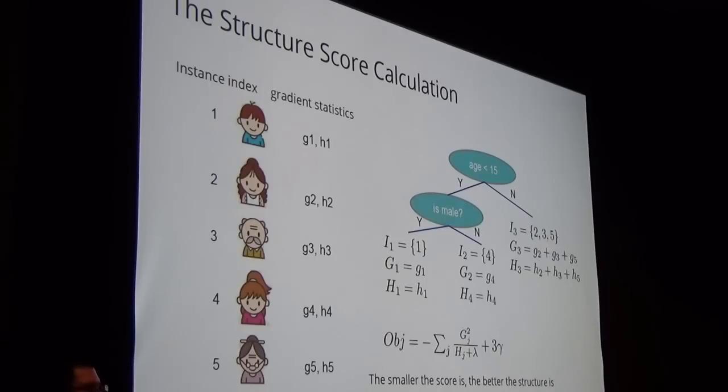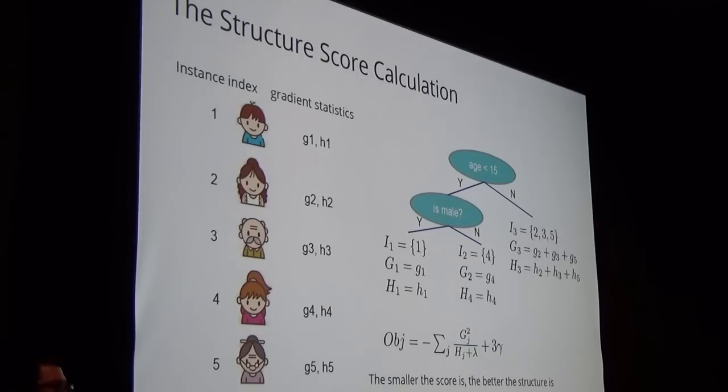So if you're still not very comfortable about this, think about what you do to measure the quality of a decision tree. Normally you classify all the instances into each of the leaves, then you measure how pure each of the leaves is. That's called the Gini index. And what we derived here is actually a more generalized version of the Gini index, in the sense that this structure score measures how well we can improve the objective function that we define.